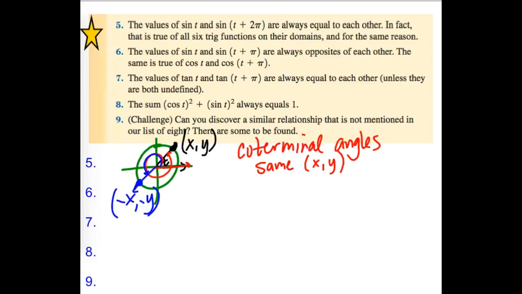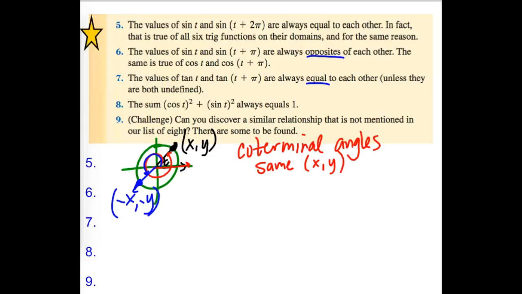Number 7. The values of tangent of t and t plus pi will always be equal. So for sine and cosine, we said they are opposites. But for tangent, we're saying they're going to be equal. Why? Because that's the rule. But why is it the rule?